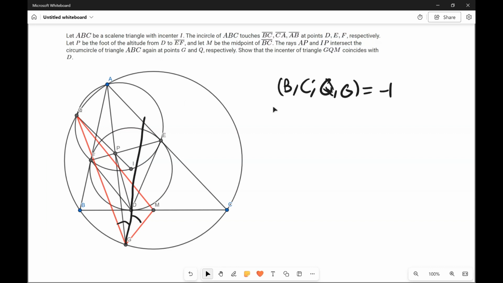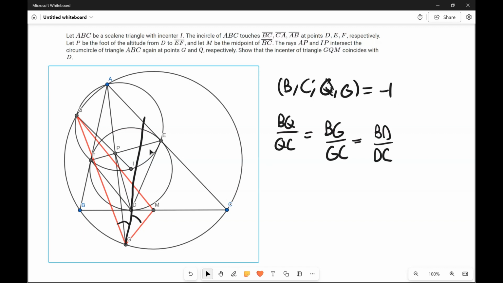Given that this quadrilateral here is harmonic, this implies that BQ over QC is equal to BG over GC. And by the angle bisector theorem, since QD bisects angle BQC, this is equal to BD over DC. And this implies, again by the converse of the angle bisector theorem, that GD bisects angle BGC.